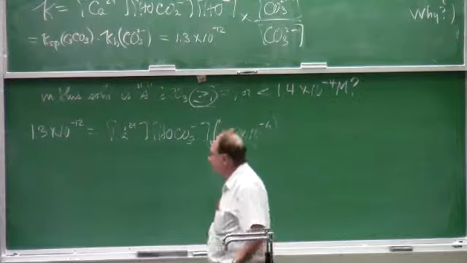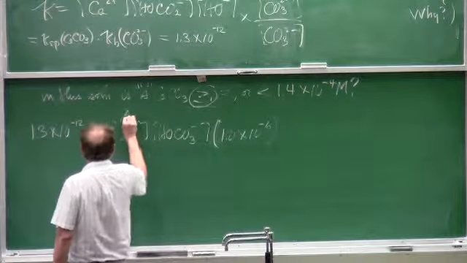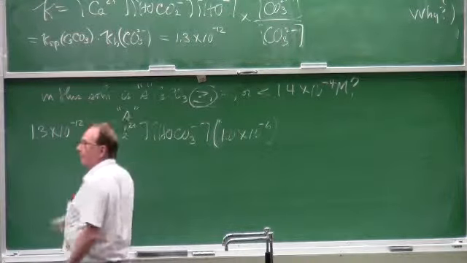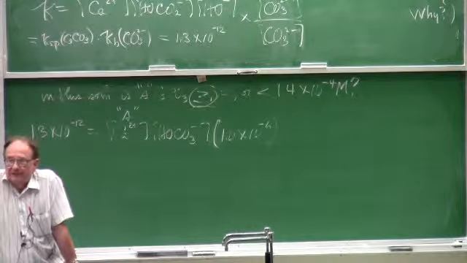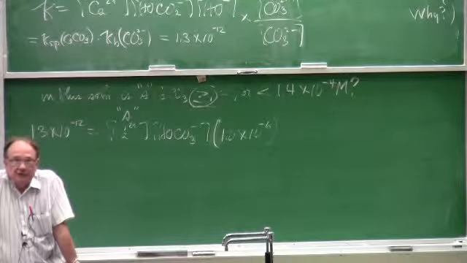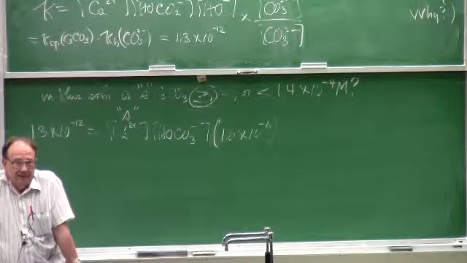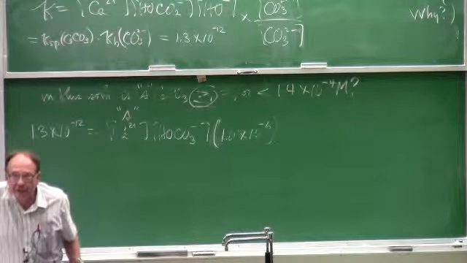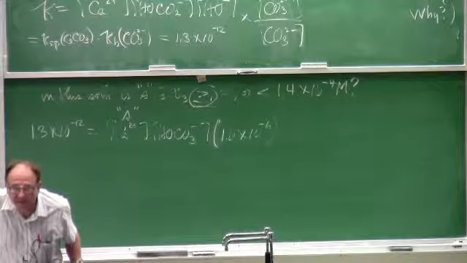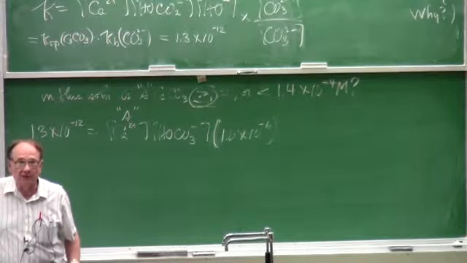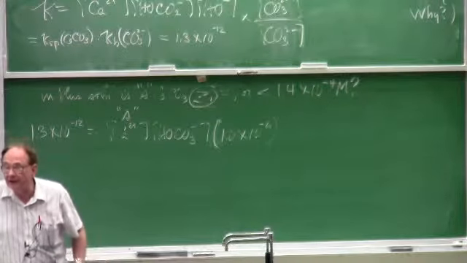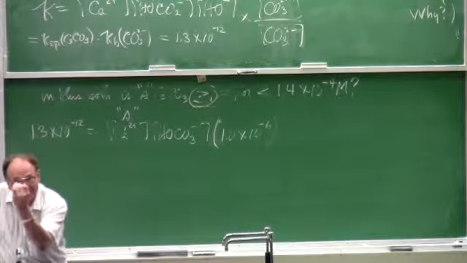Now, is it fair for me to label the calcium ion concentration as S? Of course. This calcium ion goes in the solution and sits there. So if I wish to determine the calcium carbonate concentration in any water solution, what I'm really doing is getting the calcium ion concentration, because that is the solubility.